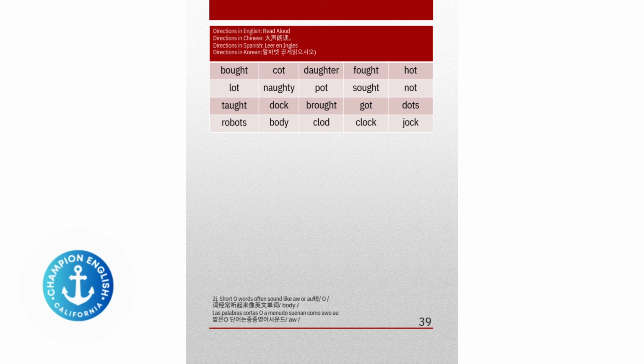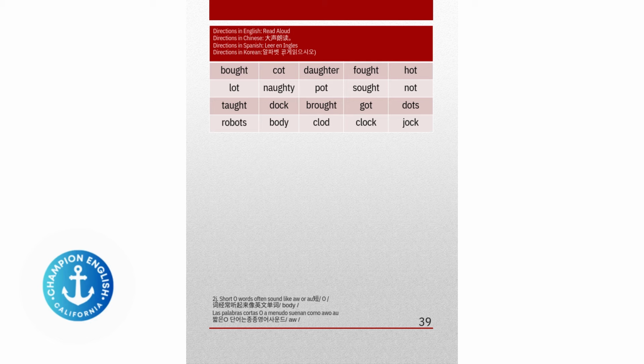D and ought, daughter. F and ought, fought. H and ought, hot. L and ought, lot. H and ought, haughty. P and ought, pot. S and ought, sought.